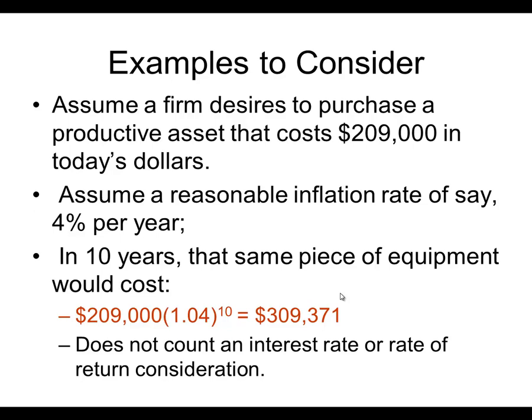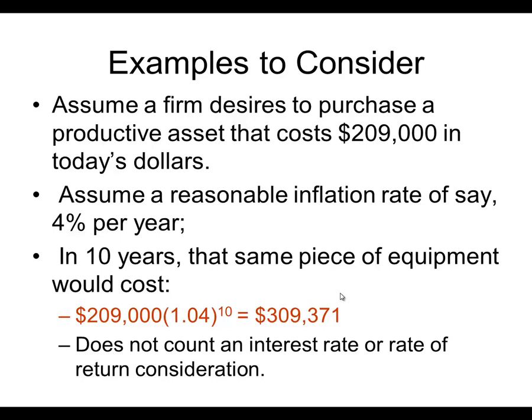Using the formula, 209,000 multiplied by 1.04 to the power 10 will equal $309,371. Even at a modest 4% rate of inflation, the future impact on cost is significant.